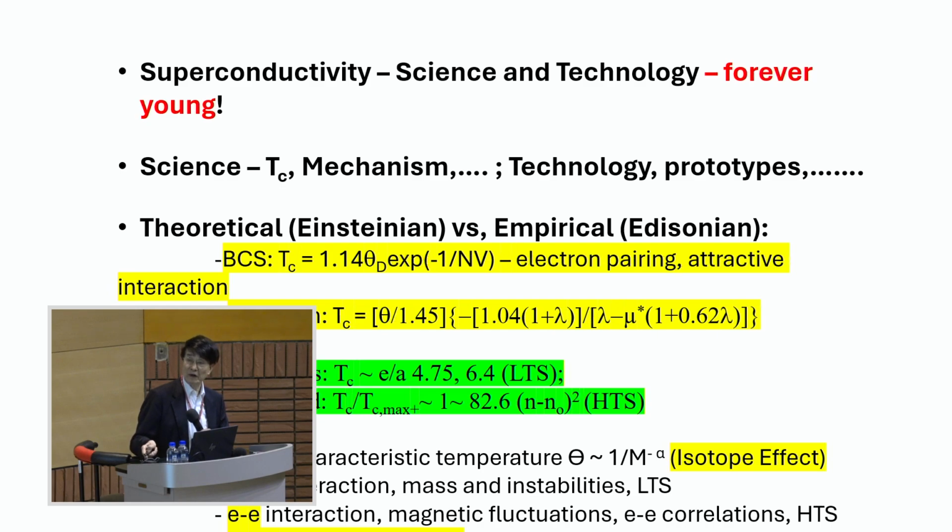And so Ginzburg and co-workers, back in the 60s and 70s, proposed electron interactions which depend on either magnetic fluctuations or the electron-electron correlation. They can bypass this instability issue and get the TC higher and higher, at least according to their theory.